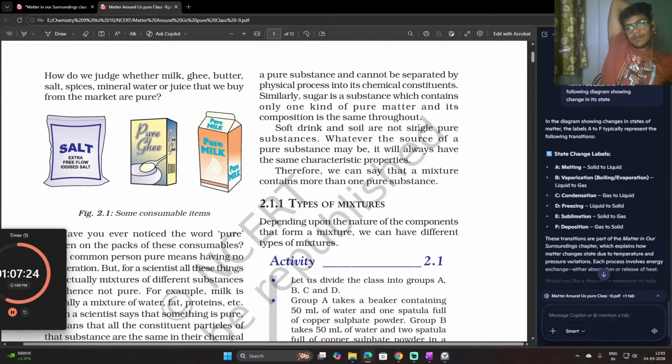Okay, so types of mixtures. Depending upon the nature of the components that form a mixture, we can have different types of mixtures.